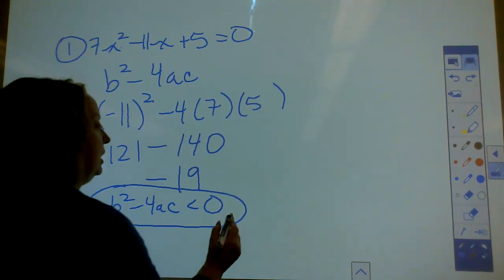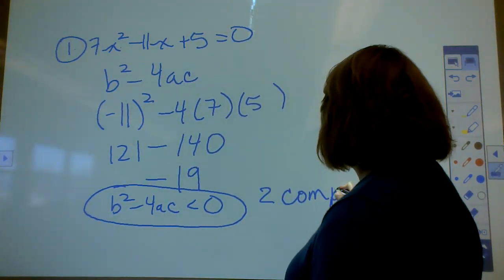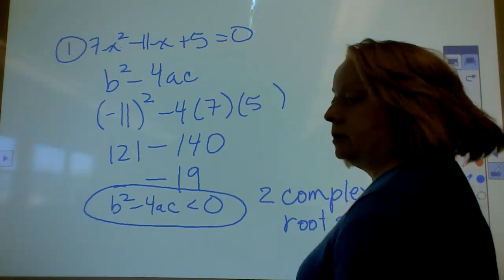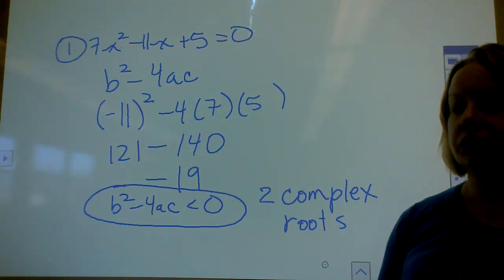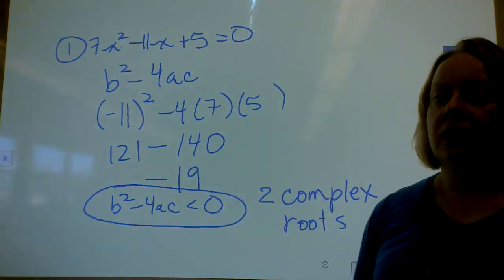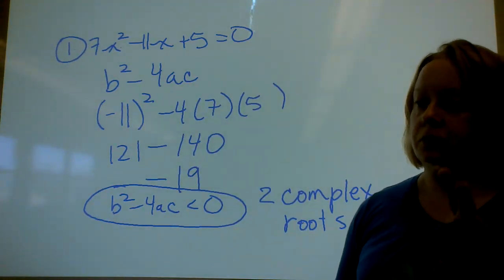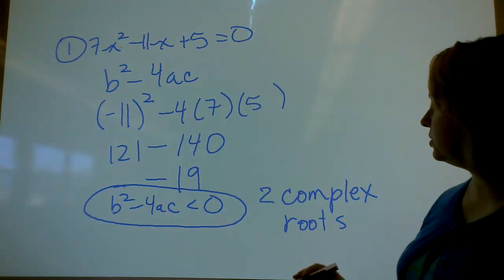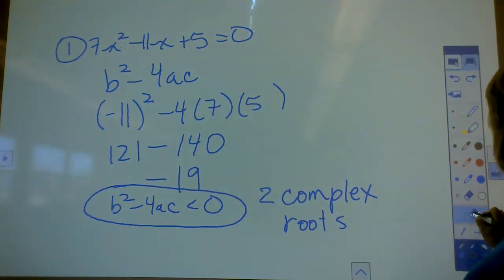So that means we're going to have two complex roots. Basically what you need to do on these problems is find the answer, and then go to the chart and compare what you have with the choices there for roots. So this one, you're going to have two complex roots because it's less than 0. Let's go ahead and look at another one.